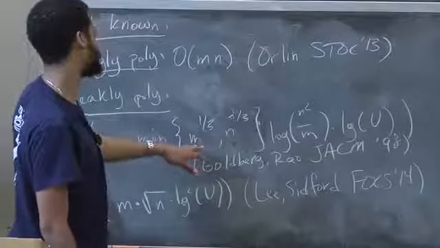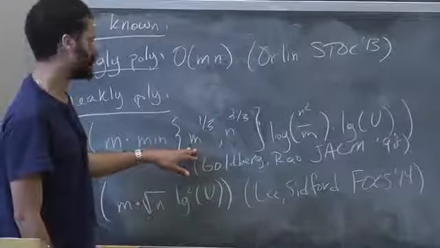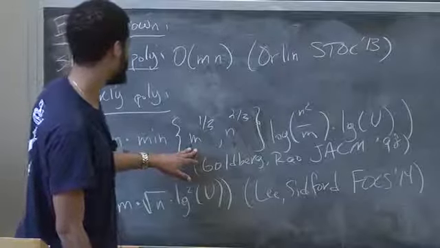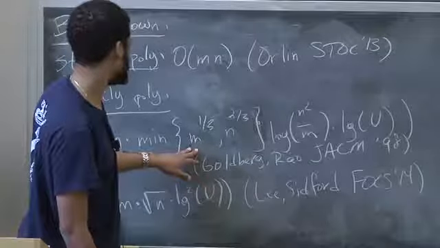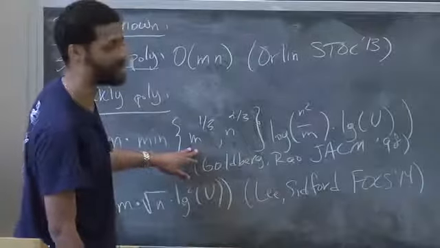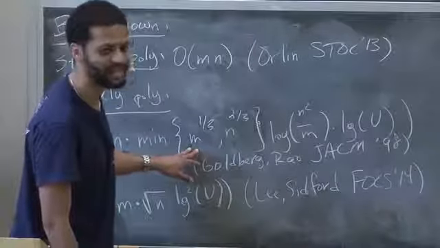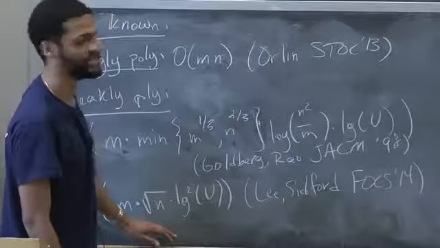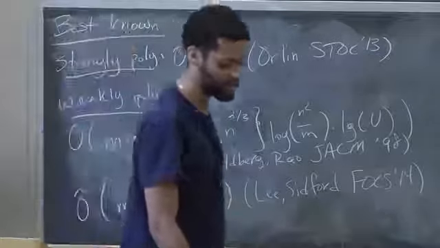If it's a very sparse graph, if m is much less than n to the 3/2, this will be much less than m root n, in which case this would be better than this. So there's some regime where one's better than the other.